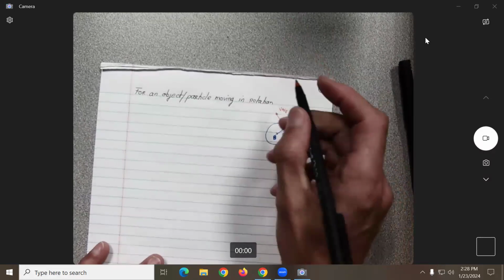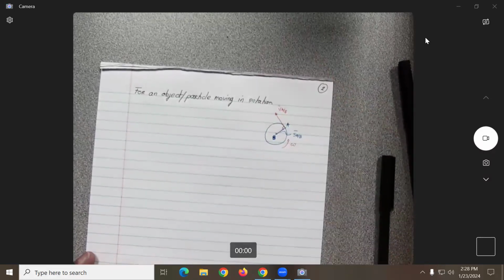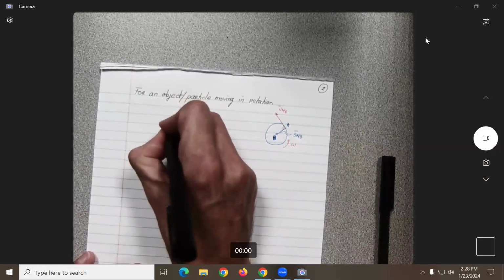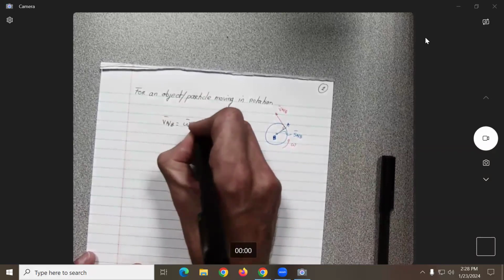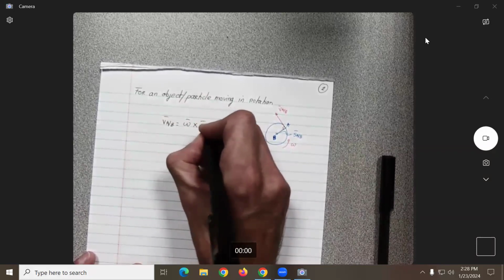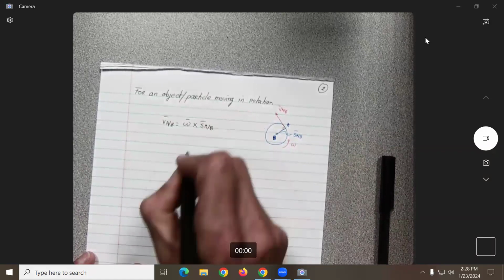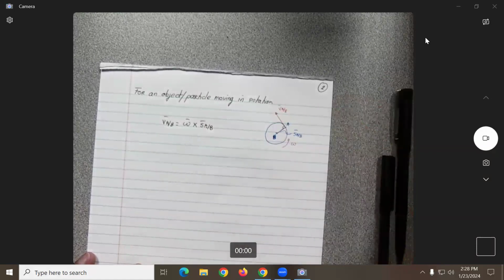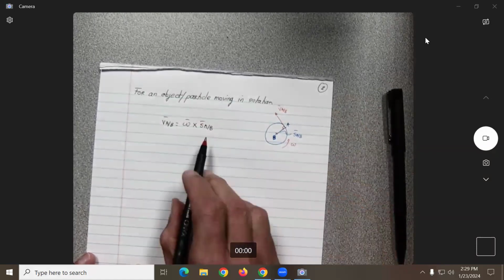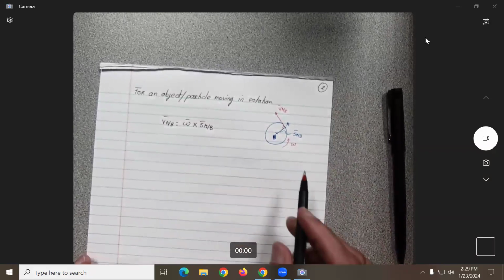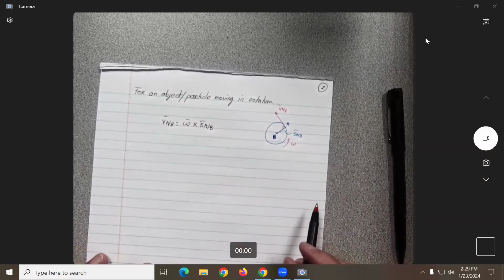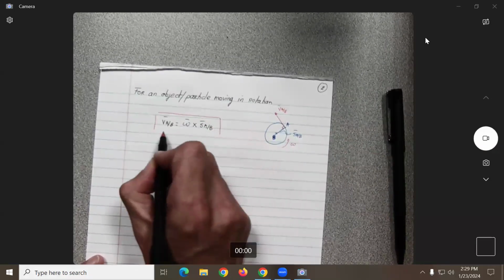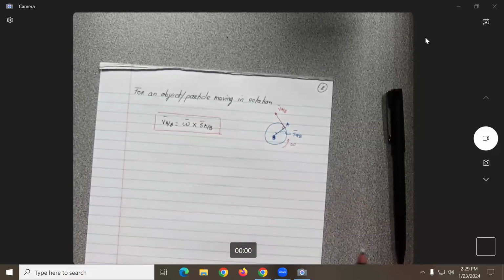Okay, so what we can write over here is that VAB is equal to, and you have studied this, omega cross S of A with respect to B, no? Omega is in the K direction. So if you think about it, this is K. Okay, let's do it mentally.